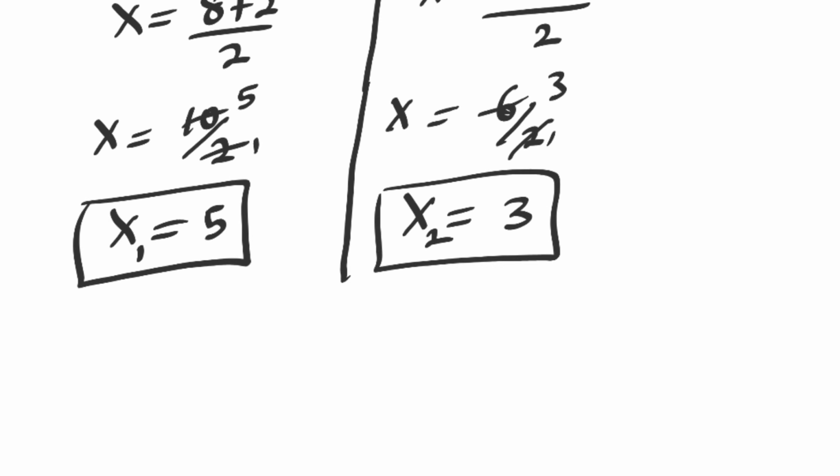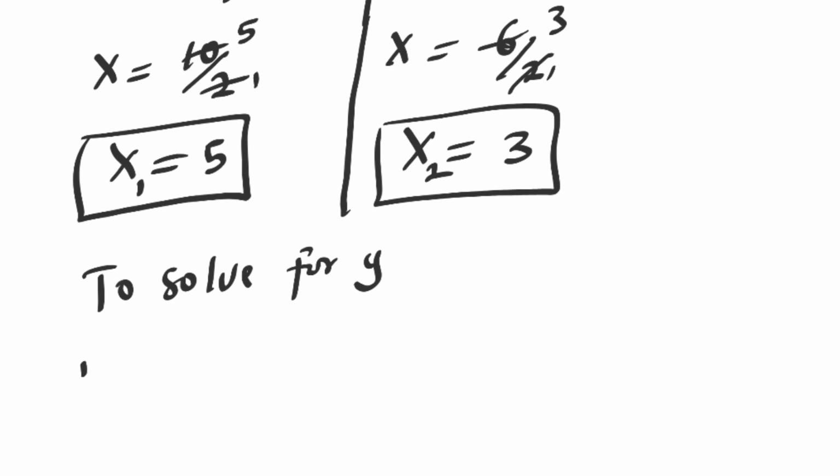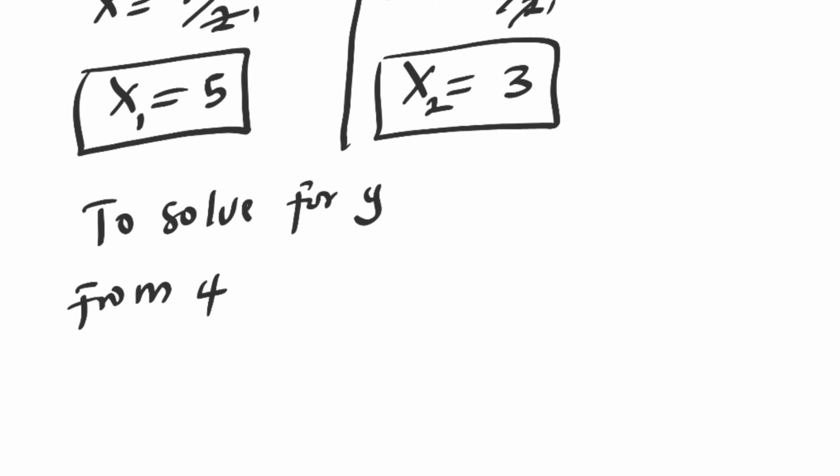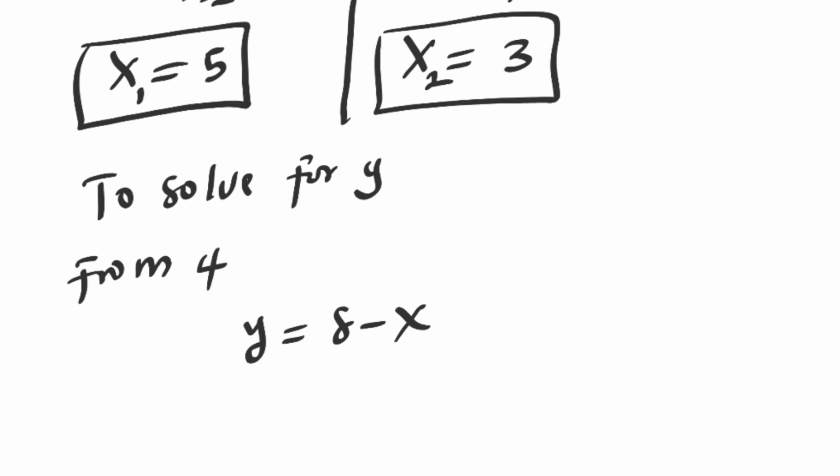We've gotten the values of x1 and x2. Let us solve for y1 and y2. To solve for y, from equation 4, y is equal to 8 minus x.